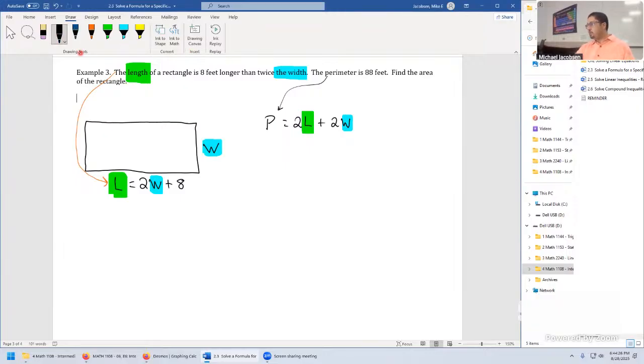And we just happen to know perimeter is 88 feet. So that's this entire sentence accounted for. Next thing says, this is our task for the problem, find the area of the rectangle. So we want a formula for that as well. Area equals, well, just the length times the width.